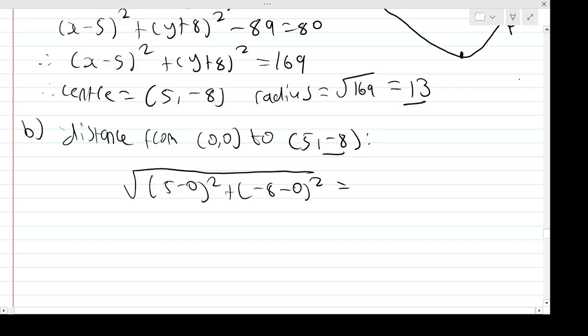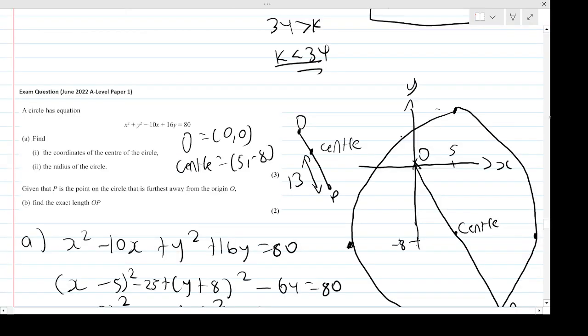Putting that in the calculator, root of 5 squared plus minus 8 squared, and that's root 89, okay? Cool. So this distance here is root 89.